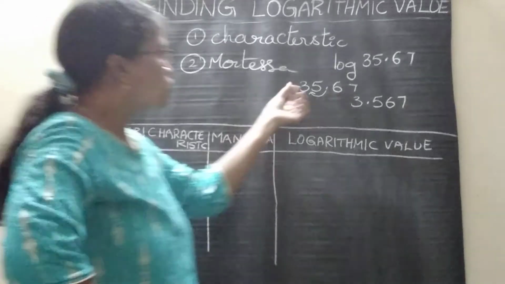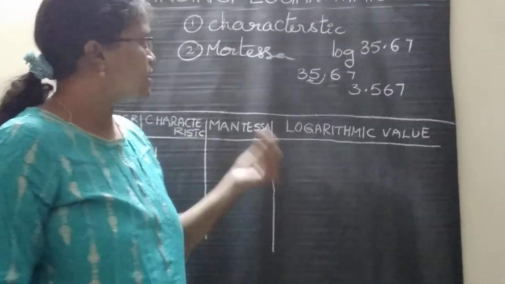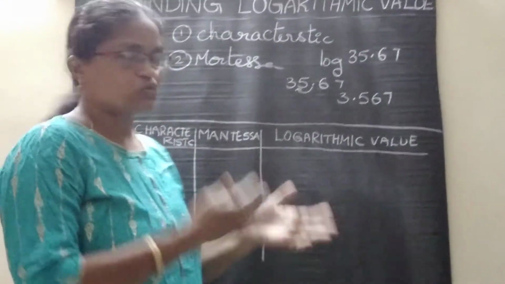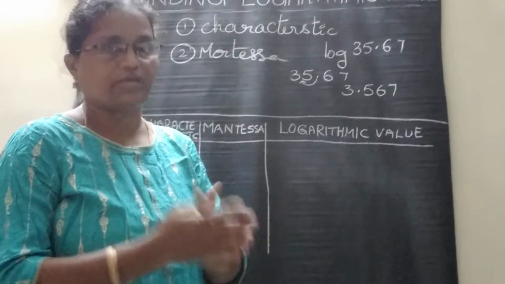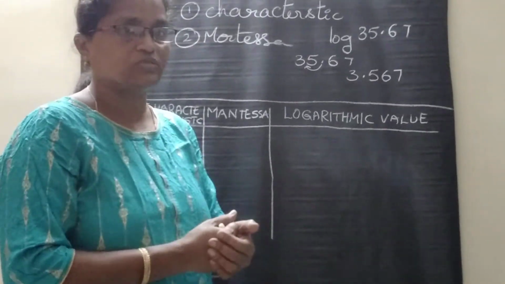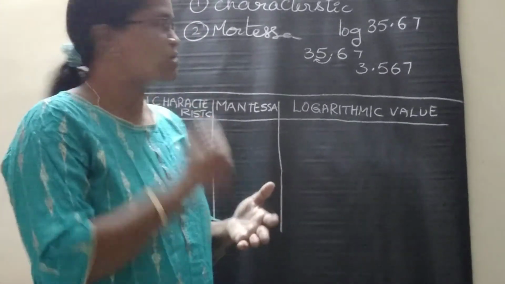To write a number in scientific notation, we have to move the decimal point, so you have to count after how many digits we put the decimal point.